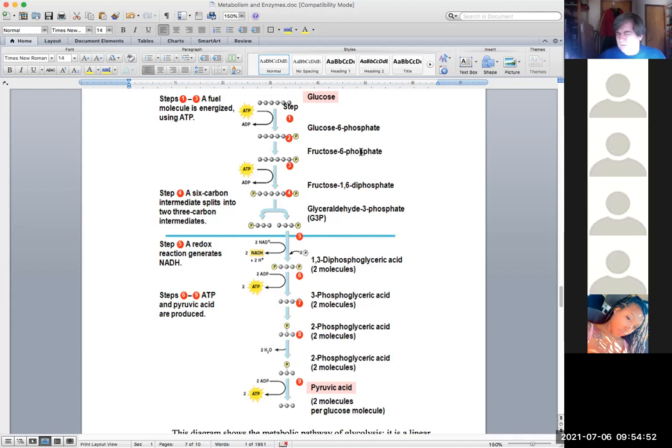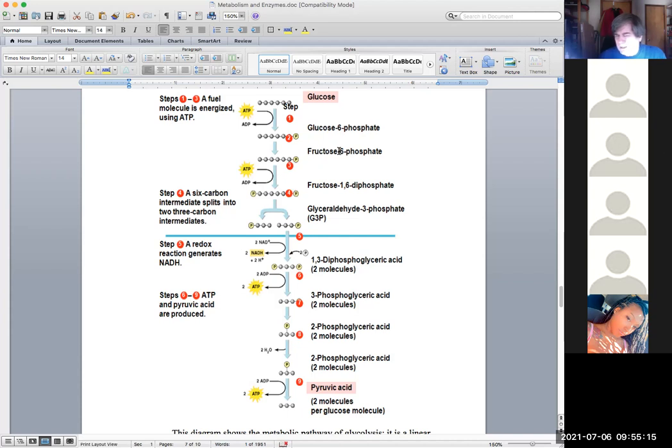We're going to react fructose 6-phosphate with another molecule of ATP. When we do that, we're going to pull the 3rd phosphate off of ATP again. Since there was a lot of energy holding that 3rd phosphate onto the molecule, we're going to use that energy to stick that 3rd phosphate onto fructose.